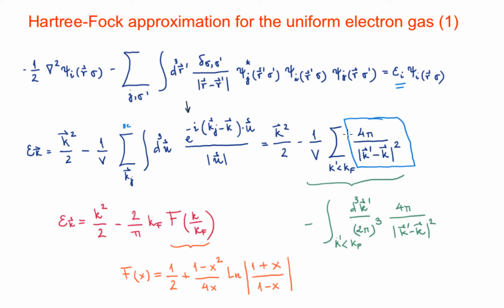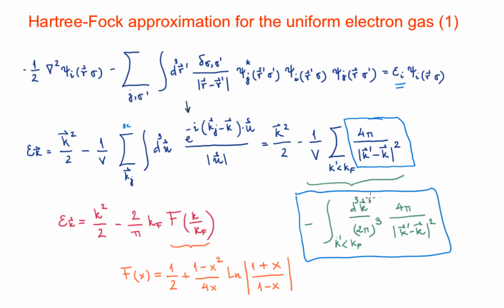Doing the summation, we know already it's a tough thing. What we have to do is substitute it with an integral, and we know how to do that, considering the number of states per unit volume in k space. That's the term that we have, which is equivalent to the term above.